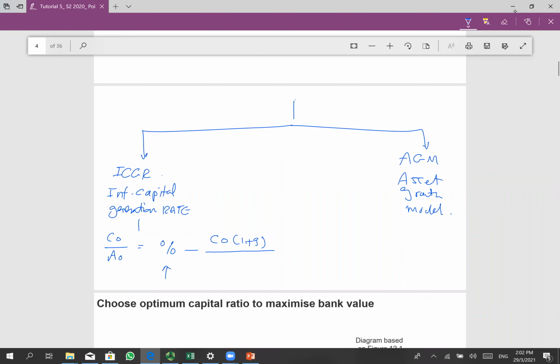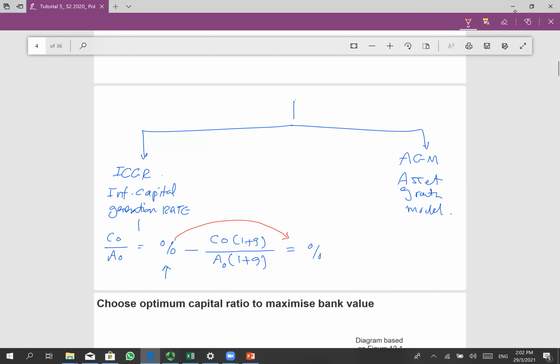At the end of the day, you will have the same percentage all the time, and this is the target capital.